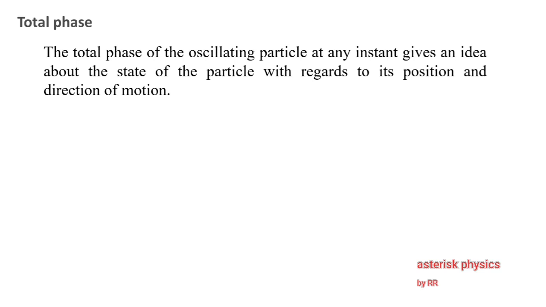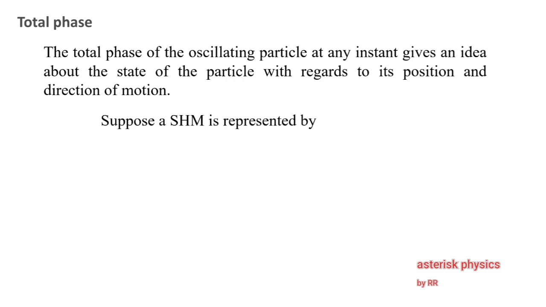The state of an oscillating particle means it tells you the position of that oscillating body, where it is now, and in which direction it is moving. That is the importance of total phase.